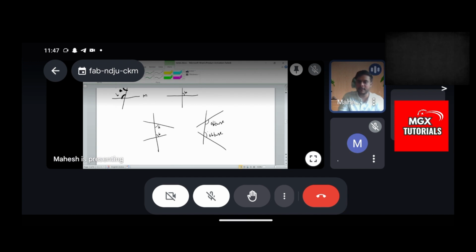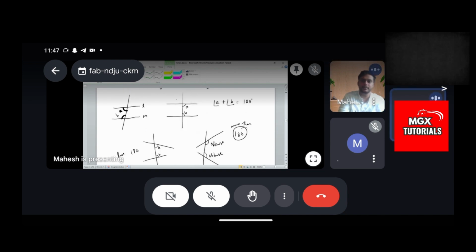If you add them, it will cross 180, yes or no? And if you add it in this one, it will be lesser than 180, while here it will be more than 180. It will work only when the lines are parallel. Don't think 90 degrees.